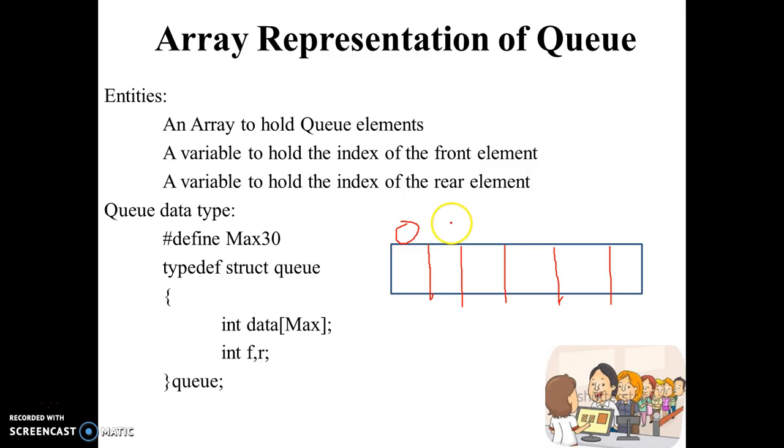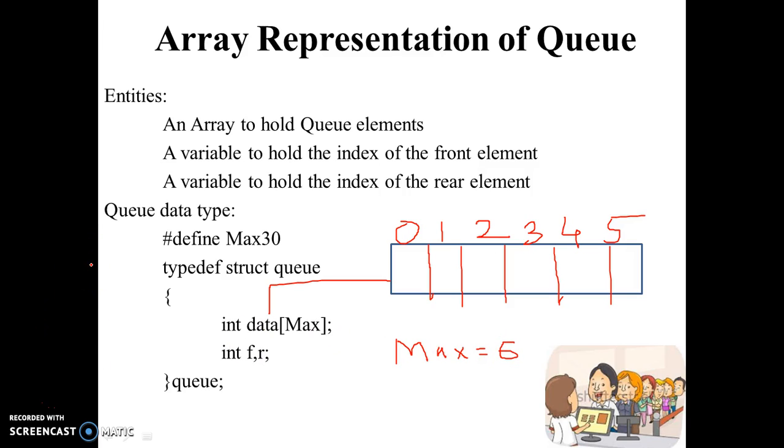We assign the value of index from 0 to 5. I have named this array, that is data. Now what I am going to do is I am going to use this array to store the value. The max is equal to 6 means the size of array.